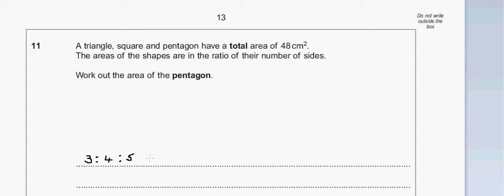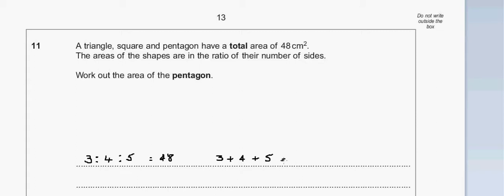Okay, so this would equal 48, because 3 to 4 to 5 equals 48. So 3 plus 4 plus 5. Remember, ratio is just a question of shares. So we have a share of 3, a share of 4 and a share of 5 equals 48.